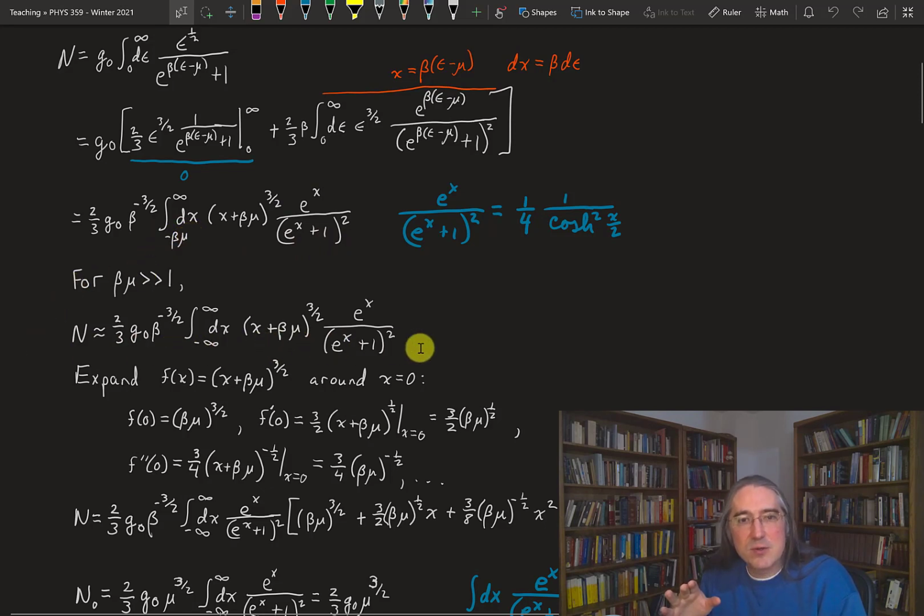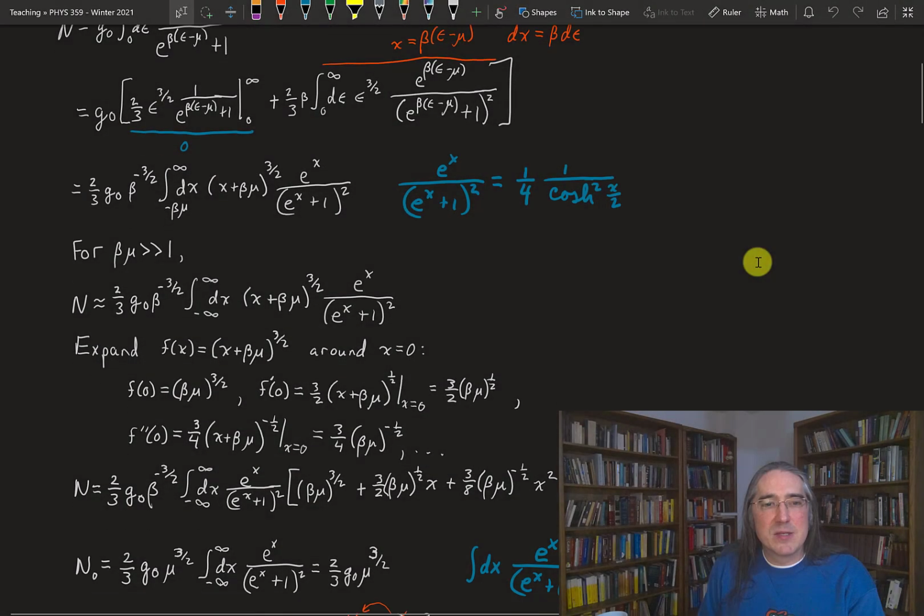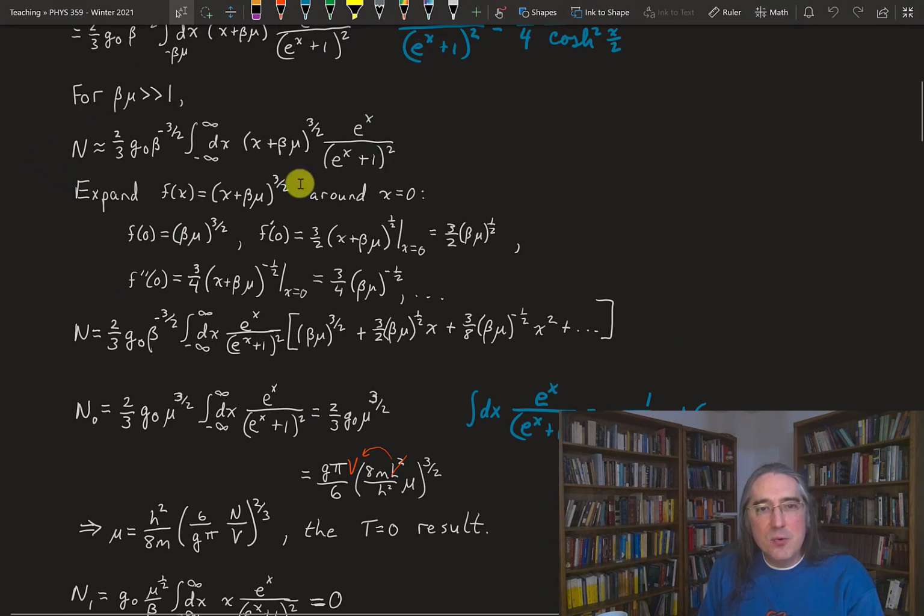So here's our new expression. Let's take our new expression for n and push forward. The third technique that we're going to use is expanding in a small parameter. This is something that you've done, I assume, many times at this point in your physics career, where our small parameter is going to be 1 over beta mu.